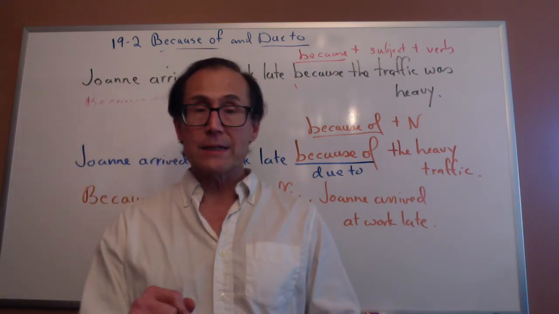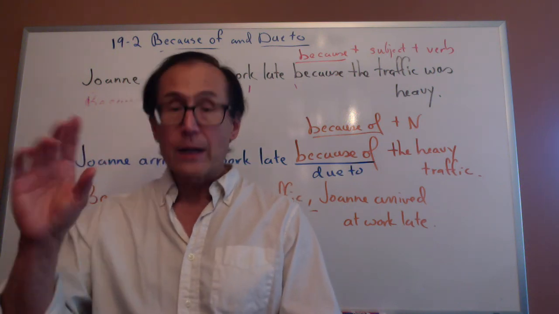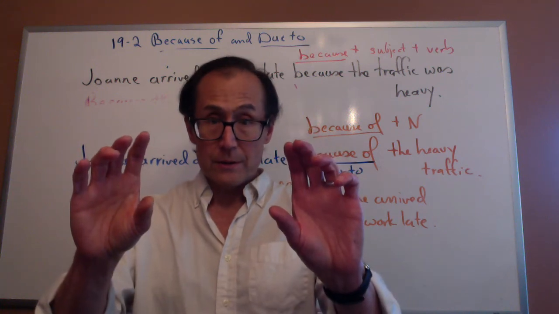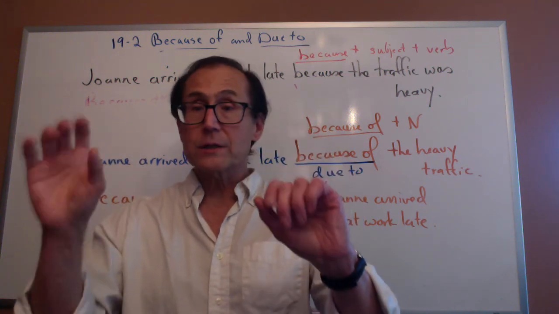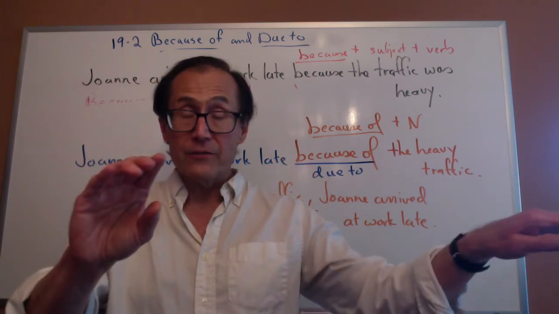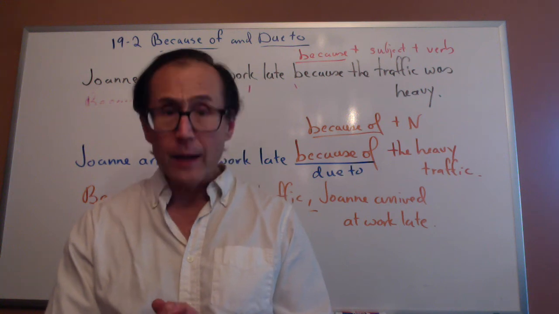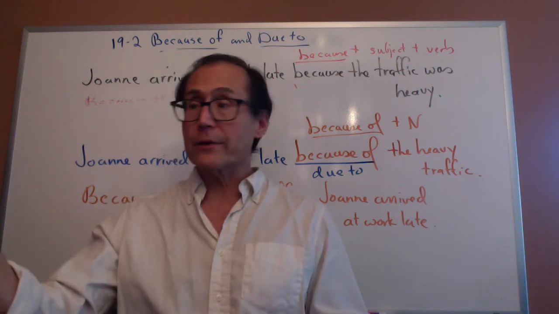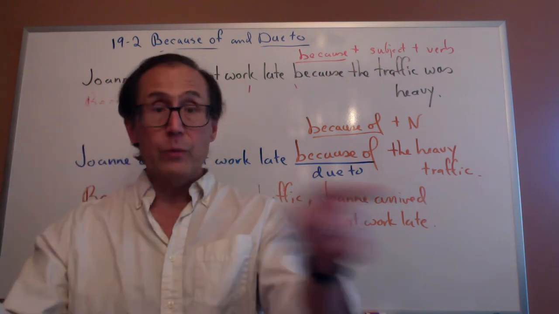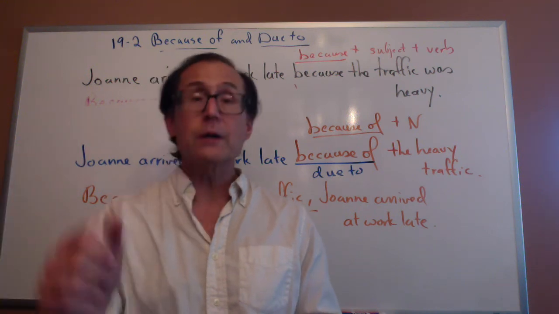So someone might say, John's problems were due to a lack of money. Or I might say, the hot weather is due to global warming.